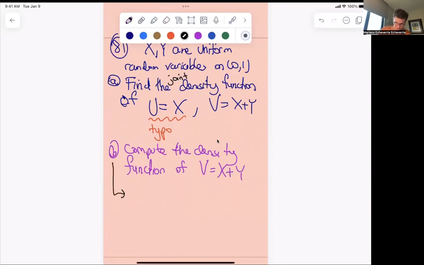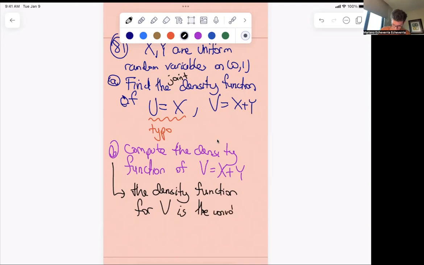So the density function for V is a convolution, right, of x and y. And actually, I did find the convolution, I think, for the two uniform random variables when we talked about convolution.